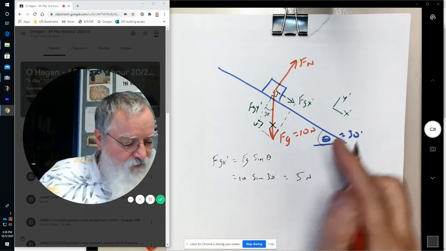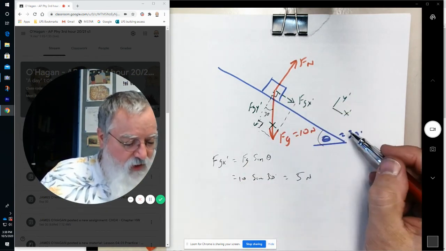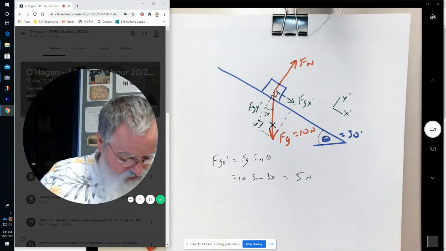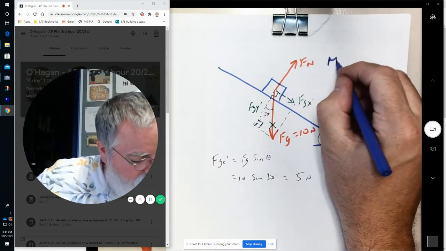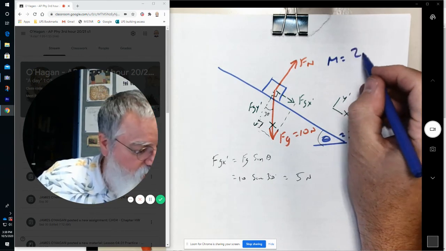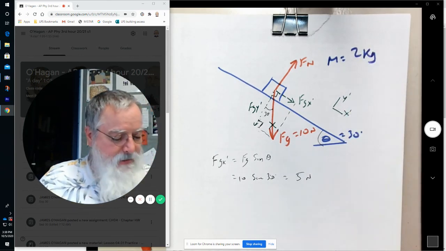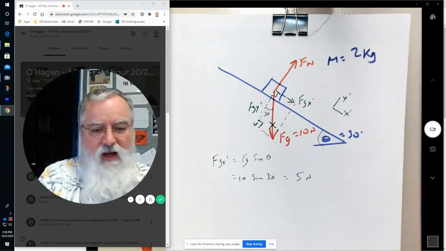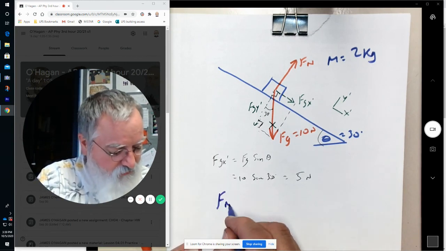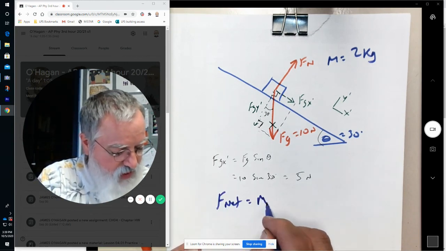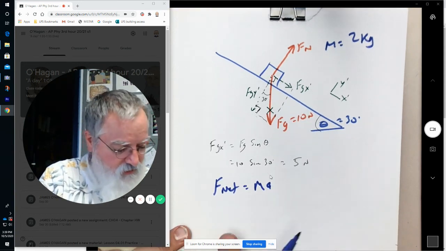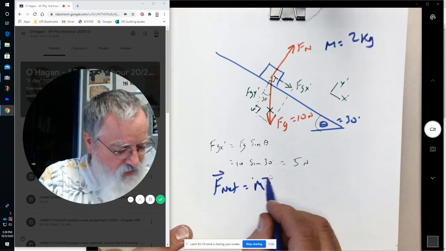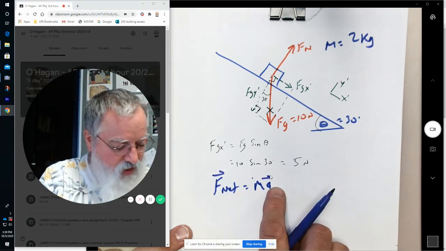Now I know how much force is pulling this thing down the ramp. The only other thing that I need to know to find the acceleration is, let's say its mass was equal to, I don't know, 2 kilograms. I want to know the acceleration. Force net equals mass times acceleration. Now remember, it's a vector equation, so net force and acceleration have to go in the same direction.